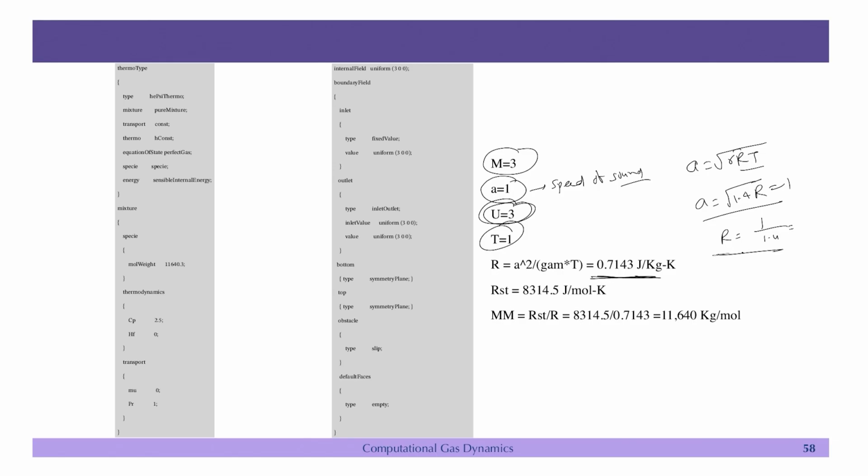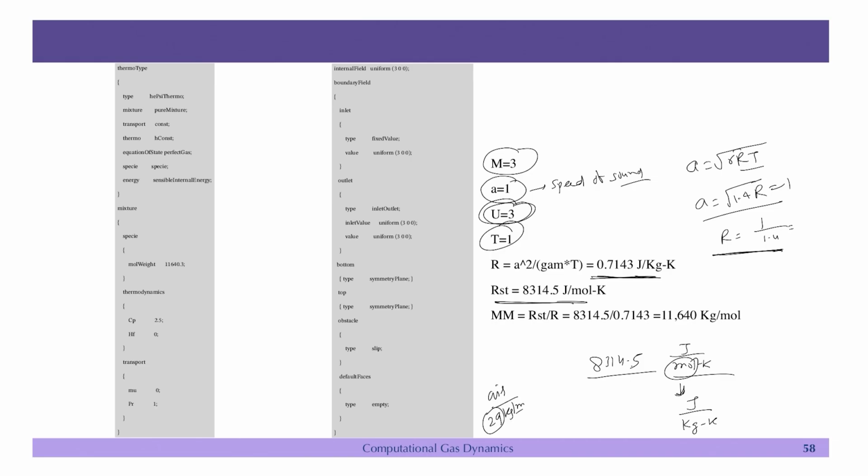So this is a specific gas constant. You know the relation between the specific gas constant and the universal gas constant. The universal gas constant is basically 8314.5 joule per mole Kelvin. But in CFD we do not solve in moles, we solve in kg. So we convert it to joule per kg Kelvin, and we say air has a mass of around 29 kg per mole.